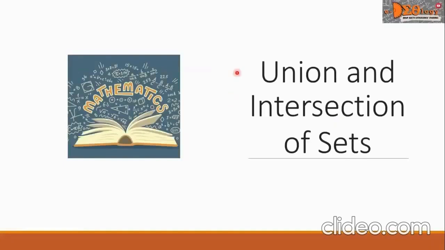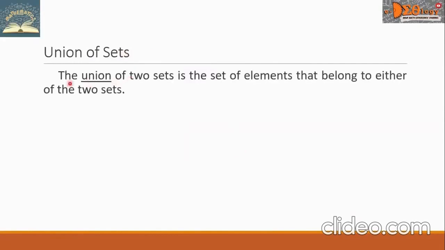Today we're going to study union and intersection of sets. Let's begin with union of sets. The union of two sets is the set of elements that belong to either of the two sets. Given two sets A and B, the union is given by this symbol.